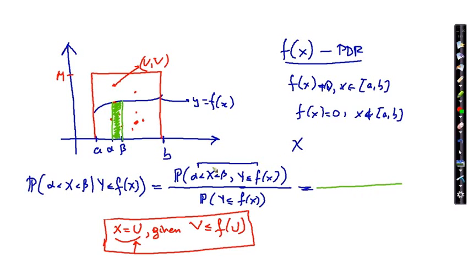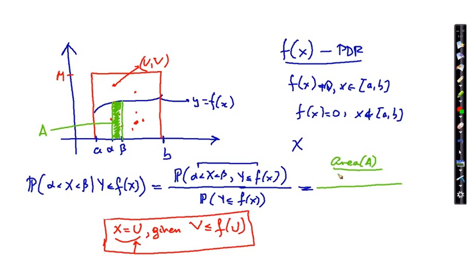Geometrically, because I'm generating from uniform distributions, that will be the area of this set. Let me denote this by A. This set is A. So area of A over the total area of our omega, in this case this rectangle.